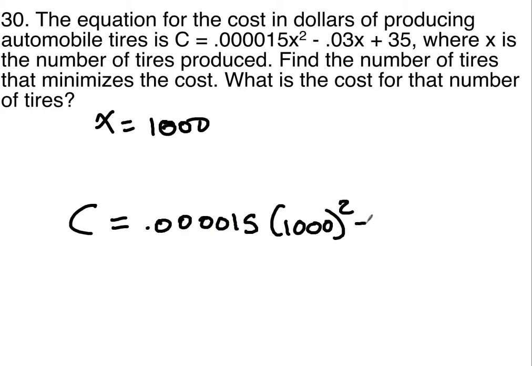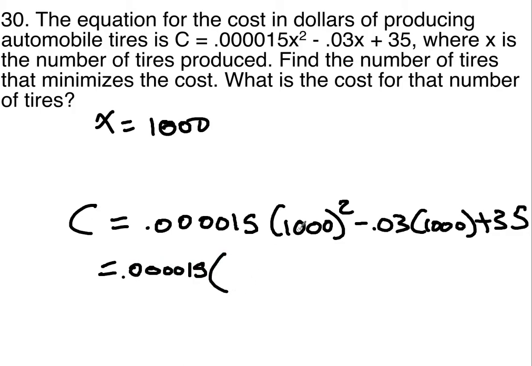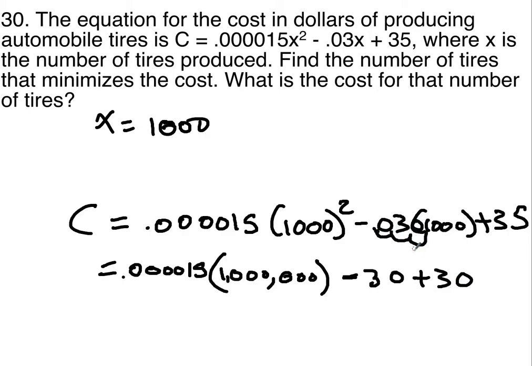1,000 squared minus 0.03 times 1,000 plus 35. That's equal to 0.00000015 times 1,000 squared, which is 1,000,000. We have 3 zeros and then 3 more zeros. Negative 0.03 times 1,000 is the same thing as negative 30, because you move this decimal place 1, 2, 3 times and you get 30.